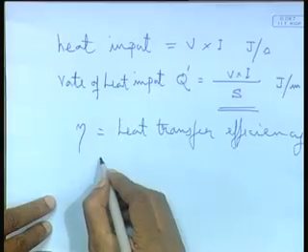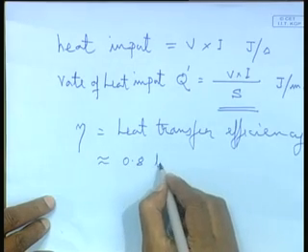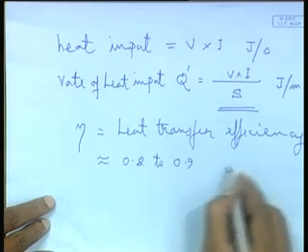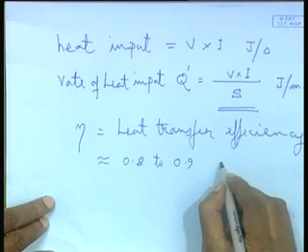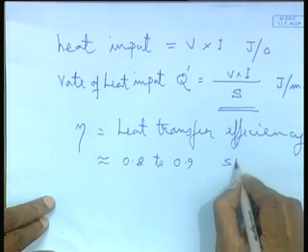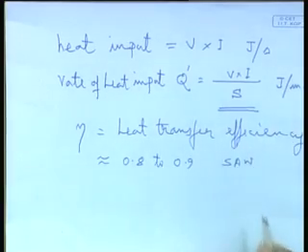So, just for your information, you can note down, this is 0.8 to 0.9 for submerged arc welding. That means about 80 to 90% of the energy goes into the structure.